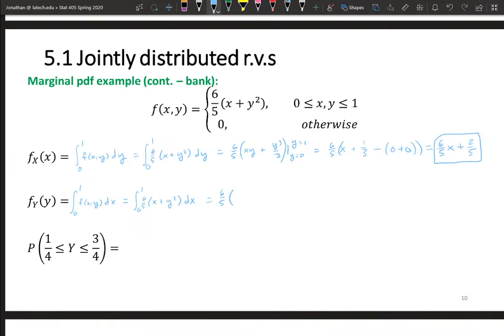If we're to integrate x, we would get x squared over 2 plus y squared, but y squared is treated like a constant, so basically I just multiply by x. And then x goes from 0 to 1. That's going to be 6/5 times (1/2 plus y squared) minus 0 plus 0. And that's going to be 3/5 plus 6/5 y squared.